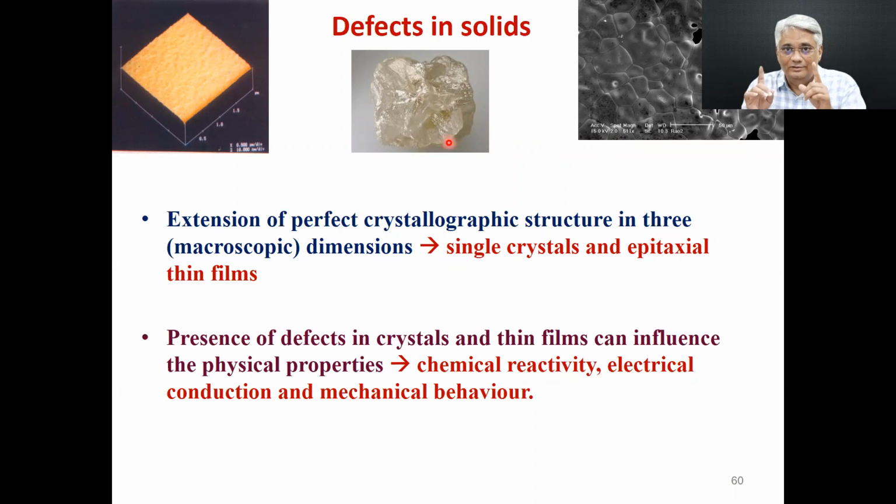If I ask you how many grains, this could be something like a 1 centimeter cube. If I put a scale there, it's a 1 centimeter cube crystal. If I ask you how many grains this 1 centimeter cube crystal would have, once you confirm that it's a crystal, it'll have just 1 grain, not multiple grains. That's why it's called a single crystal.